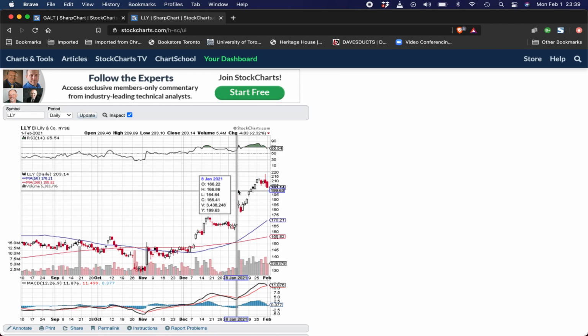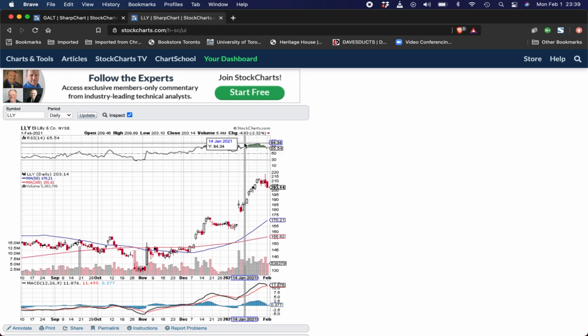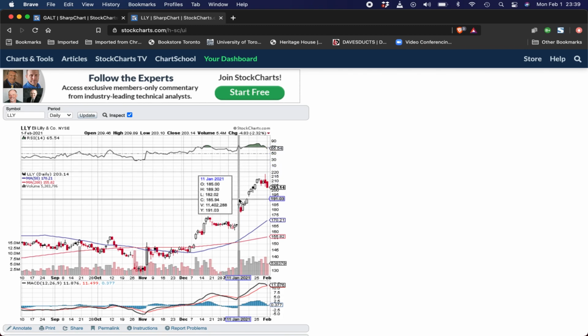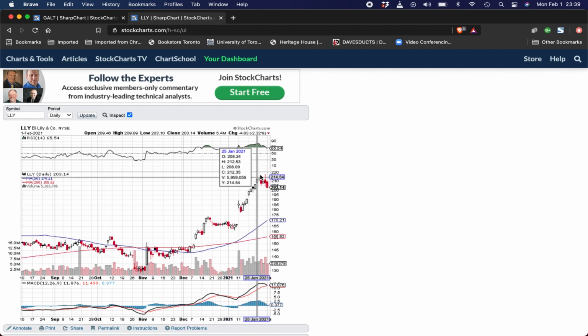But here's also the example where you see that the stock was in overbought territory for a long time. As it's been going up, it stayed in the overbought territory for a long time. So let's say a trader, without knowing much about the RSI, thinks that if it's more than 70, it's going to correct, it's going to pull back, he will be in trouble because the stock kept going up in an uptrend.